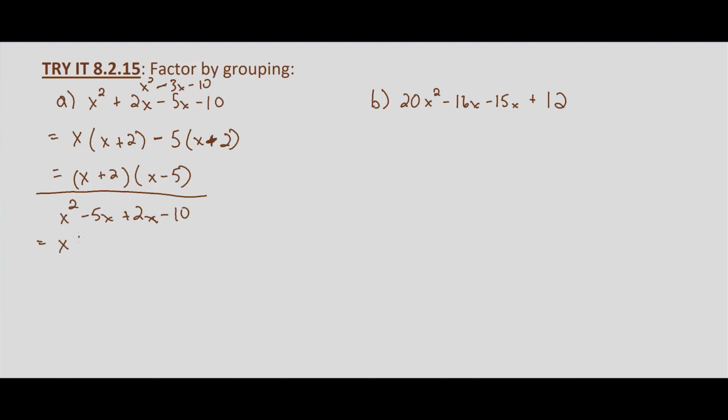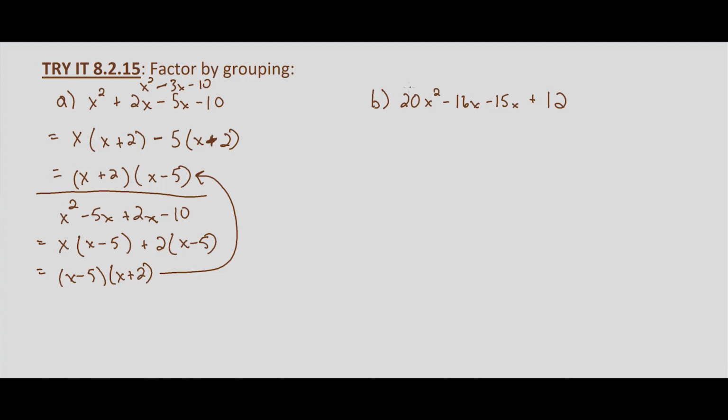So again, this would be x times x minus 5 plus 2 times x minus 5. Then factoring out the x minus 5, we get x minus 5 times x plus 2, which is the same factorization we got before, just the order of the binomials is reversed.